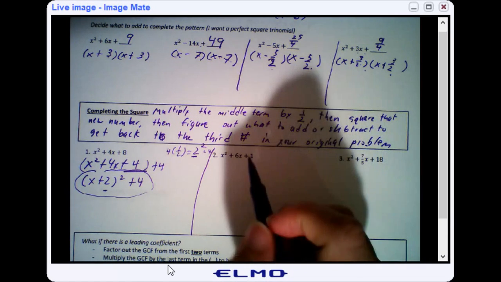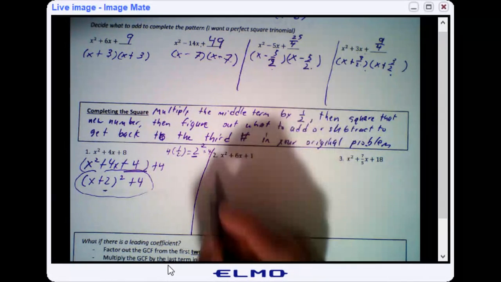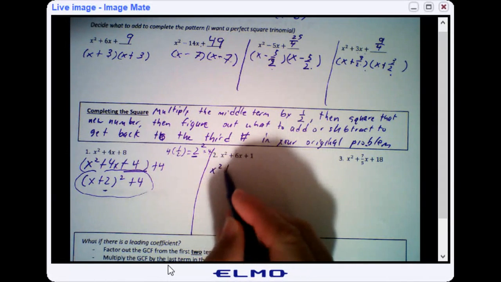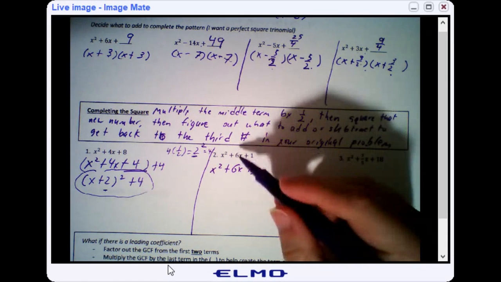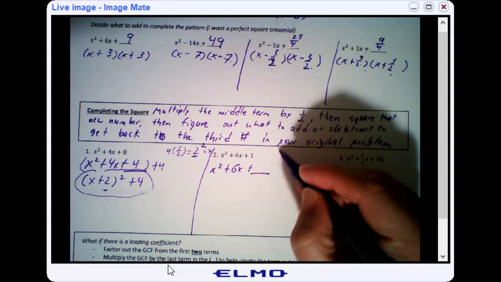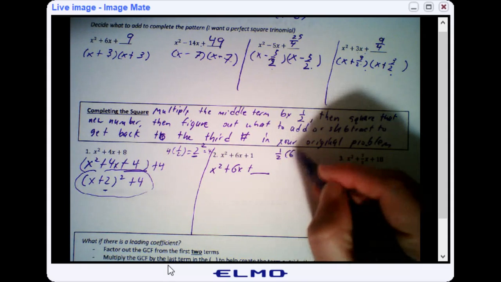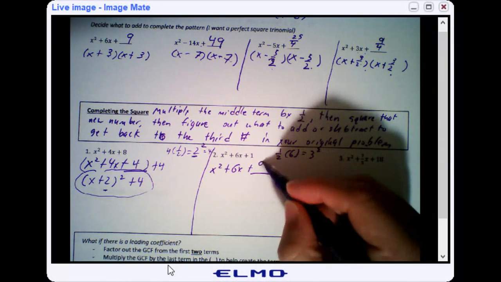Got x squared plus 6x plus 1. Again, I'm going to forget about the 1 for a second, so I'm going to just have the x squared plus 6x plus blank. I'm going to fill in the blank by multiplying 6 by 1/2. So we're going to say 1/2 times 6, which will give us 3, and then we're going to square that to fill in my blank.